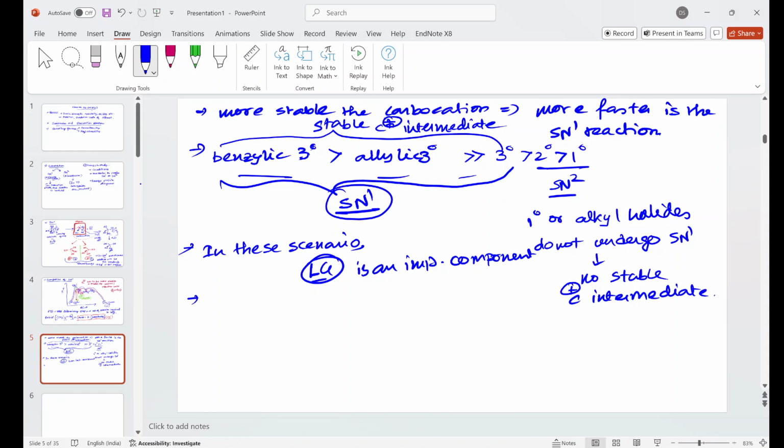Okay, why? Depending on the leaving ability, you have the differentiation of good and bad leaving groups. So I will note it here.